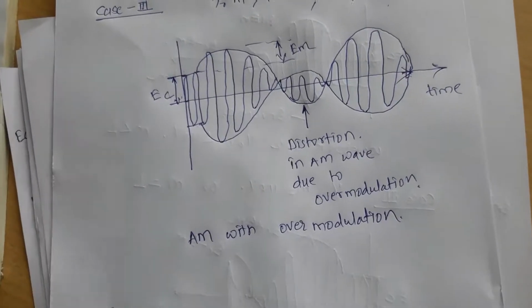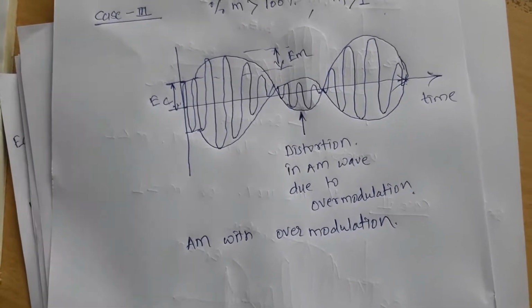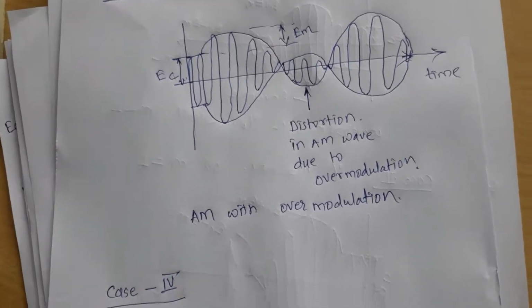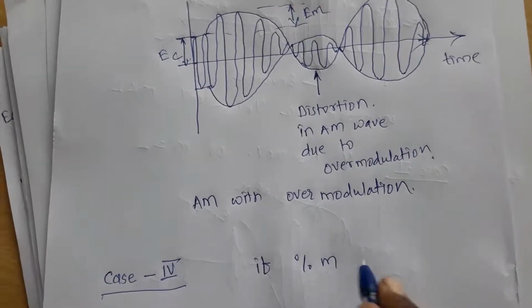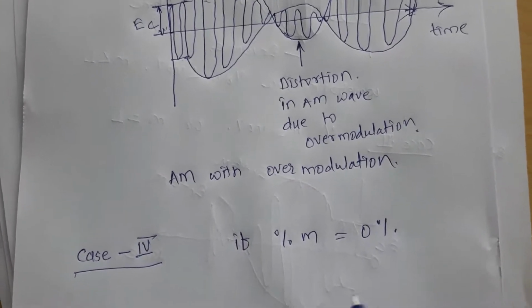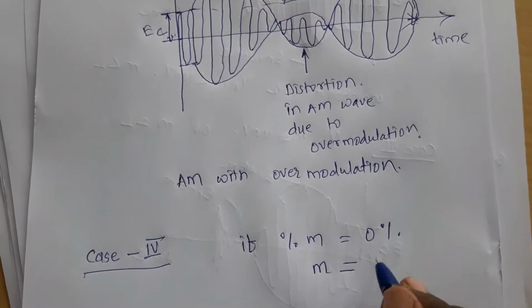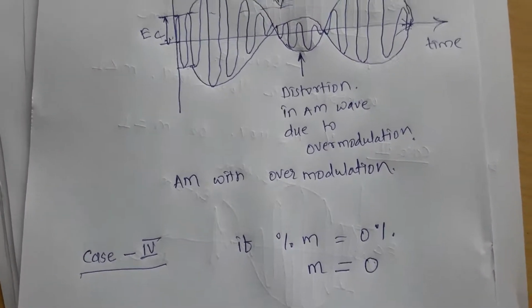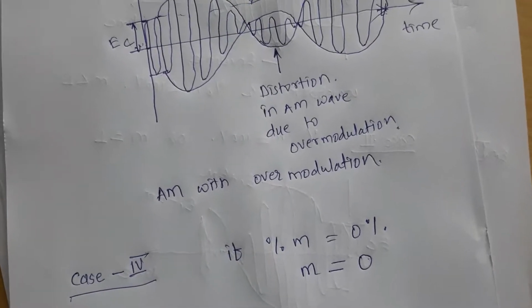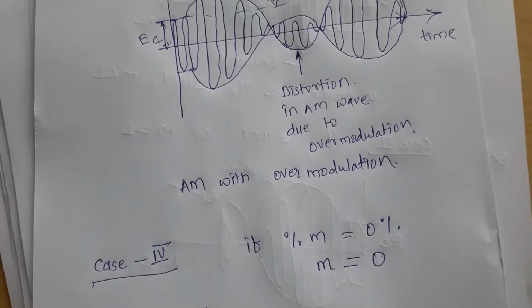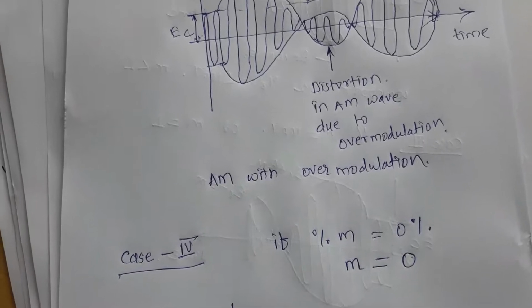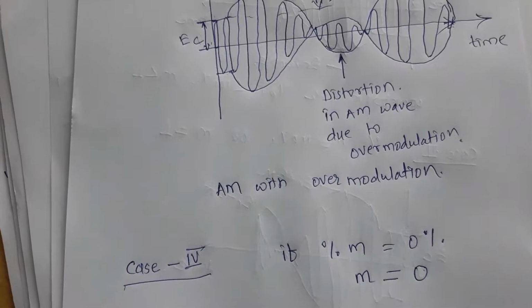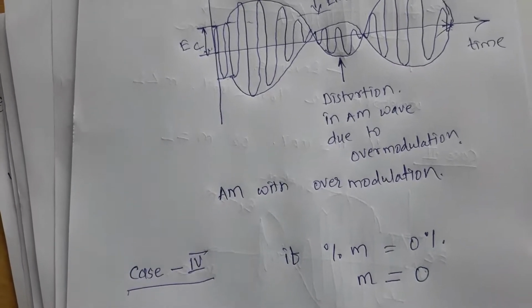Now the case number 4 we are going to discuss is that if percentage m is equal to 0%, or the value of m is equal to 0. It is an indication that there is no modulating signal voltage change, so no instantaneous change in amplitude of the modulating signal.